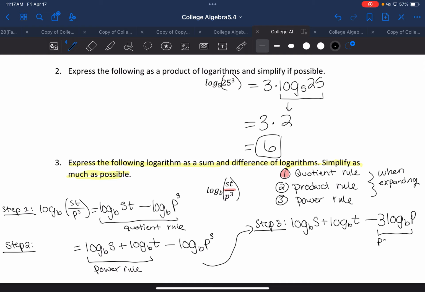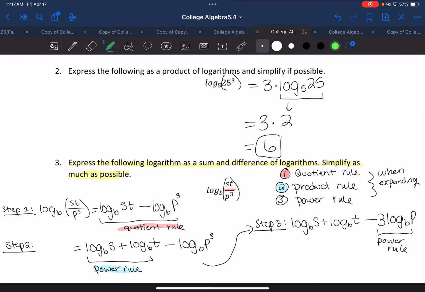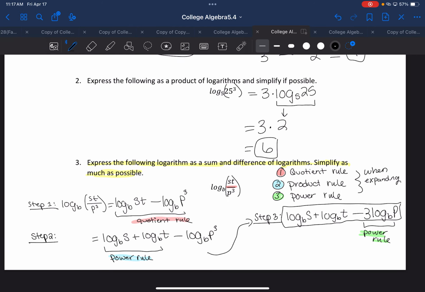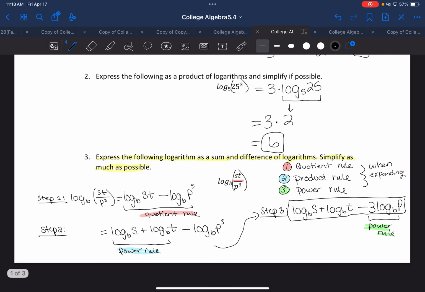So that was using the power rule. This is the order I did it in. Okay, so now I have nothing left I can do. There's nothing being multiplied in my logs, there's nothing being divided, and there's no more exponents. So this is my final answer. So that's what they mean when they say simplify. You need to keep going till you don't have anything else to do.